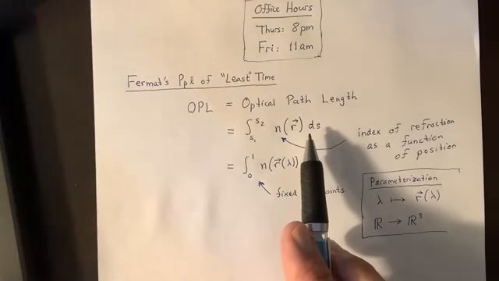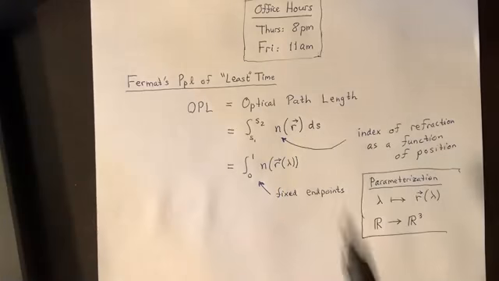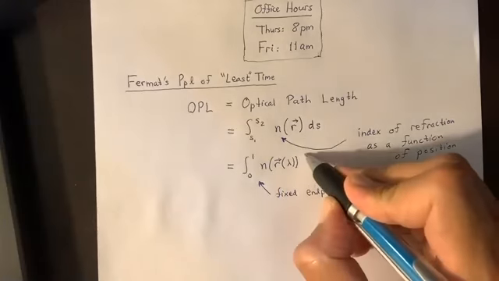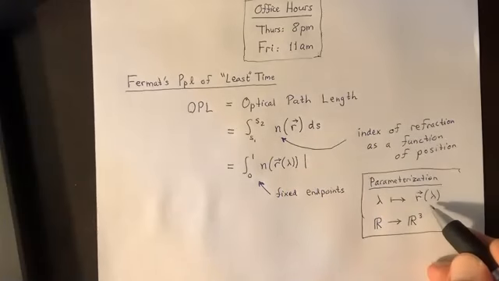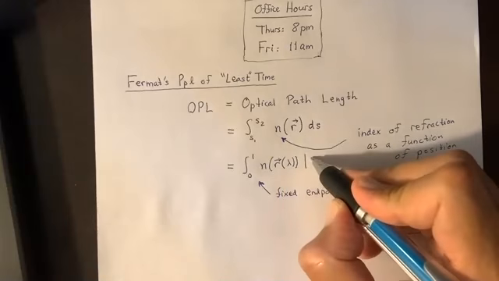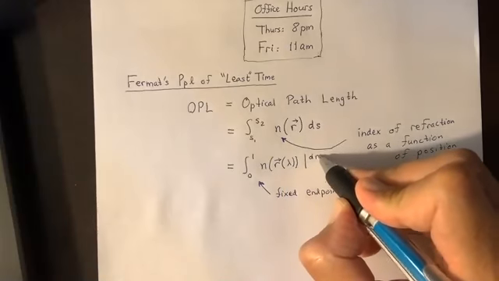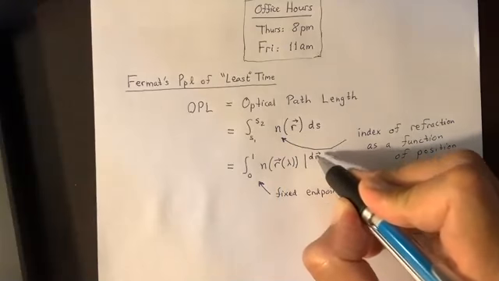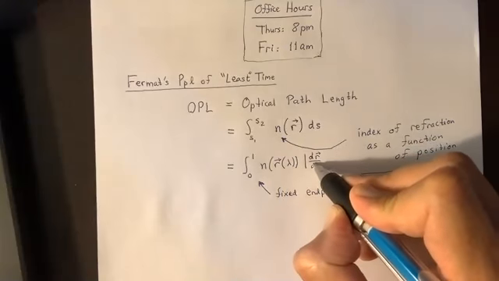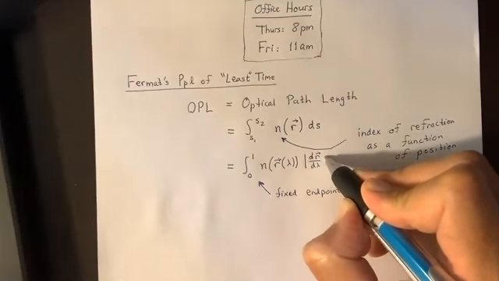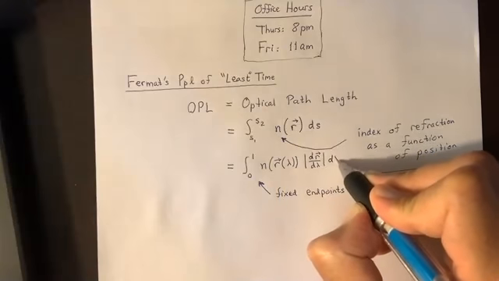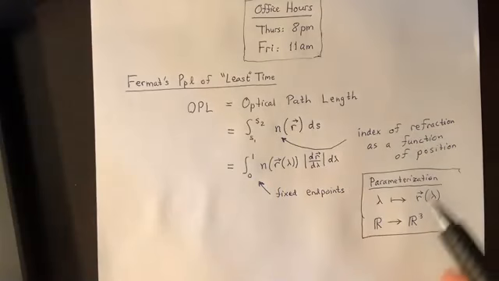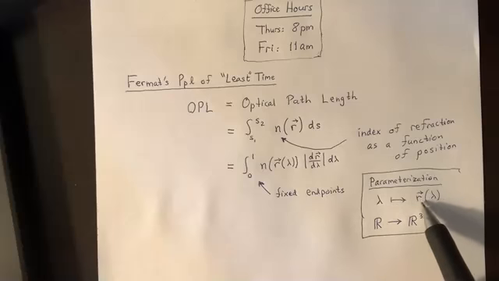What's this differential arc length? Okay, you can convince yourself it is the magnitude of the derivative of this function. So that's the derivative. It's an ordinary derivative, dr d lambda, okay, times d lambda.